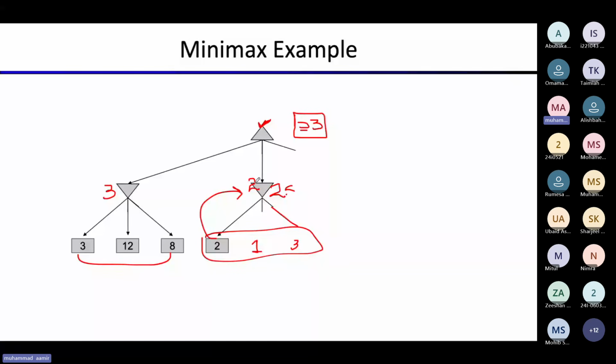But this min is looking for a value greater than 3. Right? So in this case, we are exploring from the perspective of the max player.